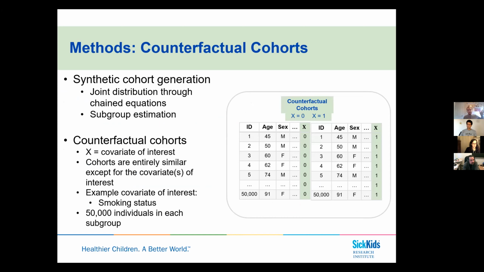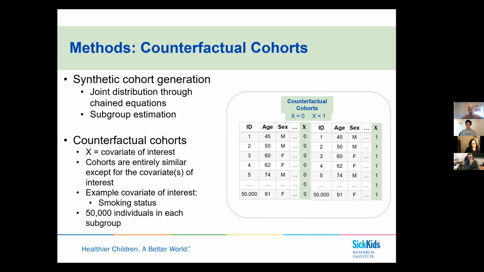The other thing we did is that we took our data, and we cannot access that data, if you remember, and also we don't have personal access to the data. But also the simulation models that we're building require a synthetic cohort, or a hypothetical set of individuals that they are going to run through the model. So in order to create those cohorts, we essentially tried to understand their joint distribution through a series of chained regression equations.